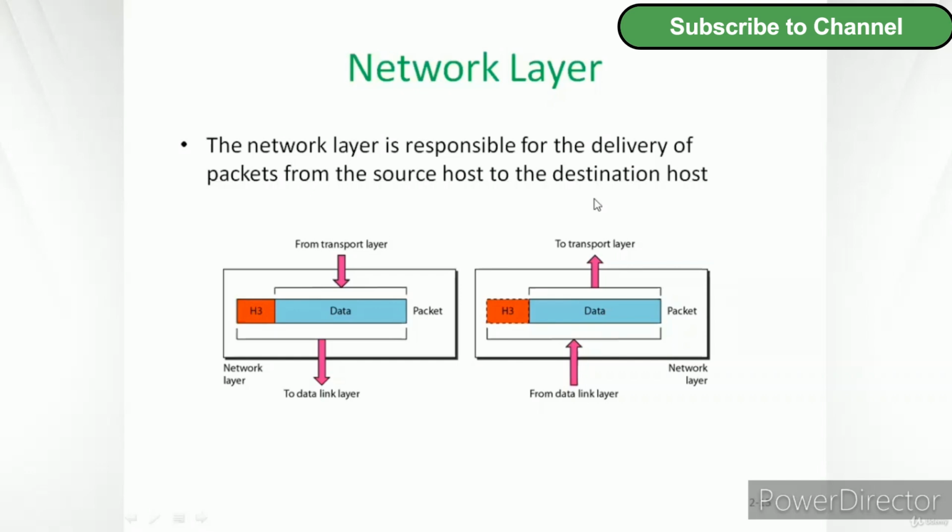At the network layer, data flows in the form of packets. The frames are converted into a fixed format, known as the packet, and these packets are transmitted from source to destination. So the network layer is responsible for this packet delivery.